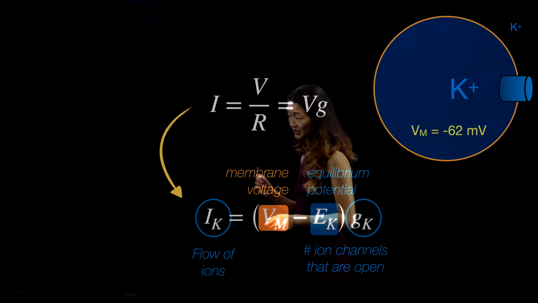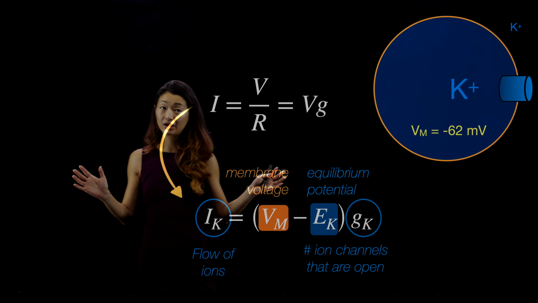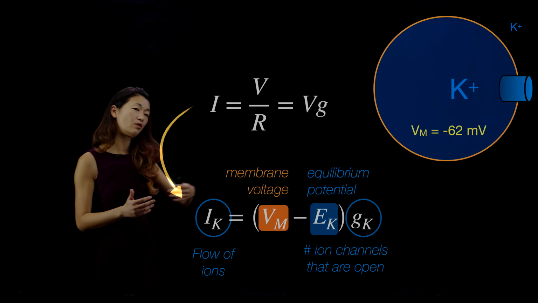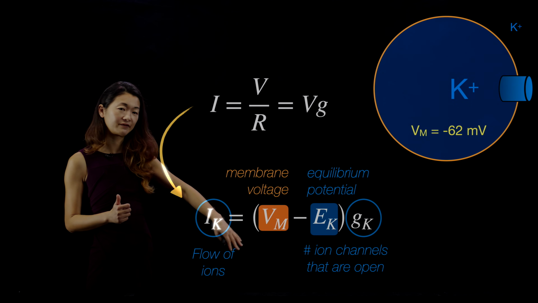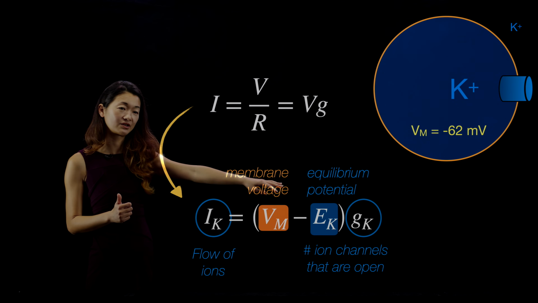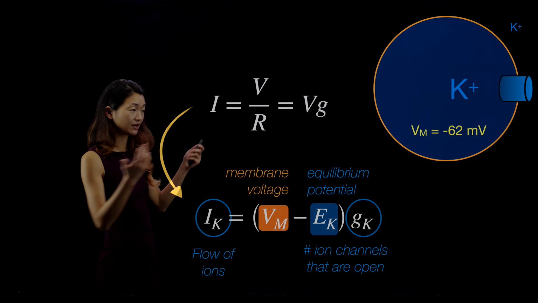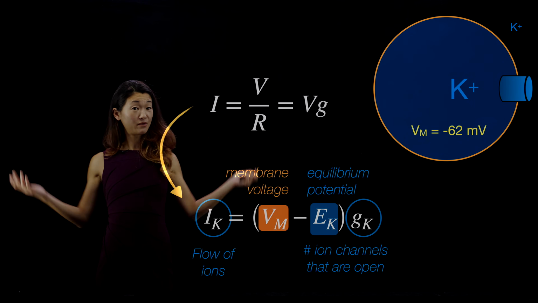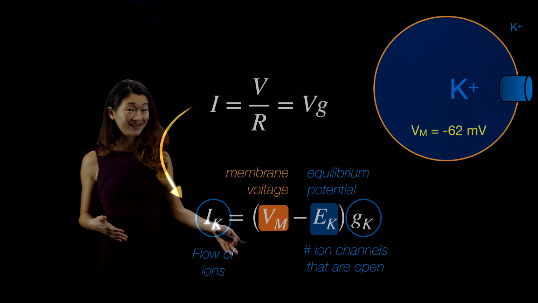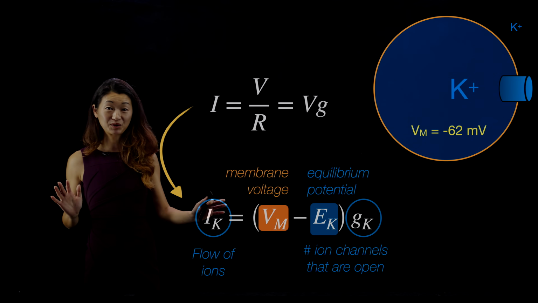If G sub K were 0, like there are just no ion channels open, then this quantity is 0. Doesn't matter what the other stuff is. I is going to be 0 because there are no ion channels open. Does that make sense? Okay, it does, right? If there are no ion channels open, nobody's going anywhere, so the flow of ions is going to be 0. Okay, so far so good, right?